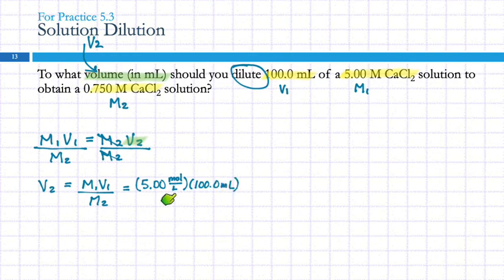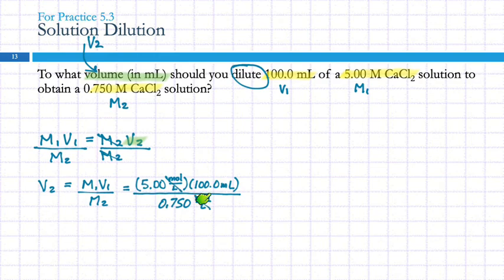And this volume here in liters and milliliters, those aren't going to cancel each other out, but it's okay because we're going to put something else in the bottom here. So molarity 2, 0.750 moles per liter. The milliliter here doesn't cancel this liter, but moles per liter and moles per liter cancel each other.